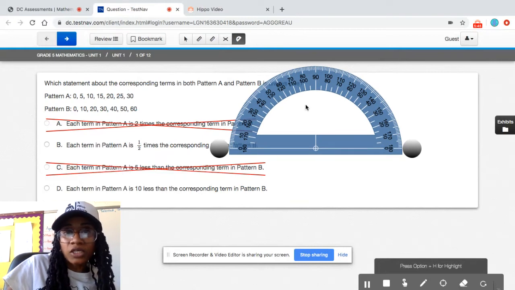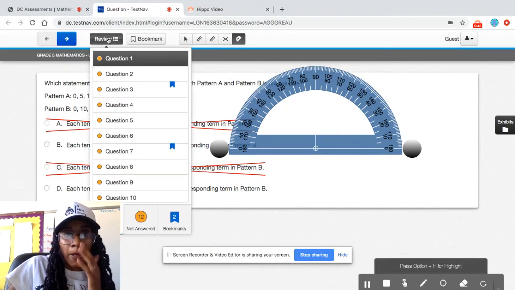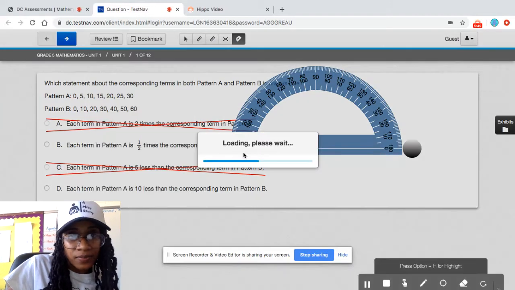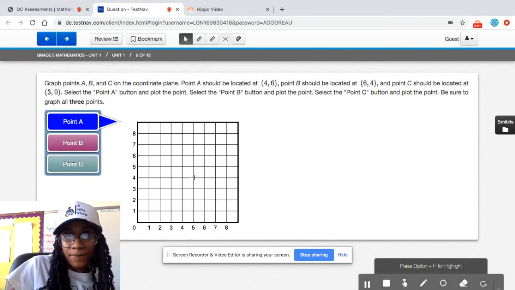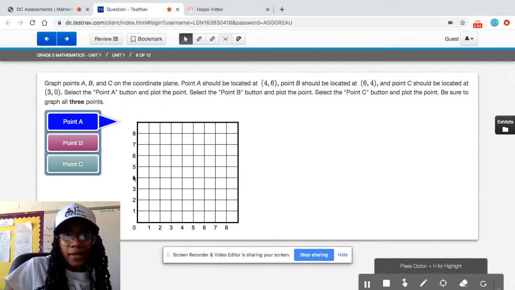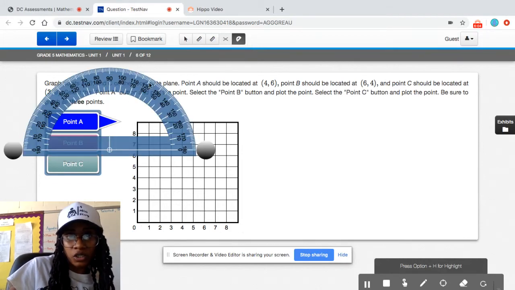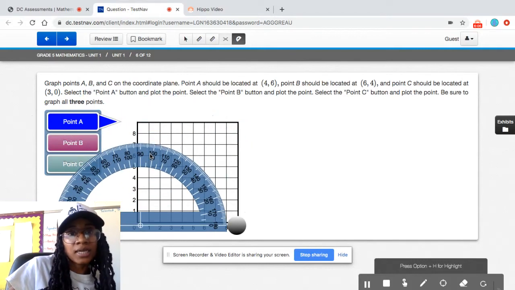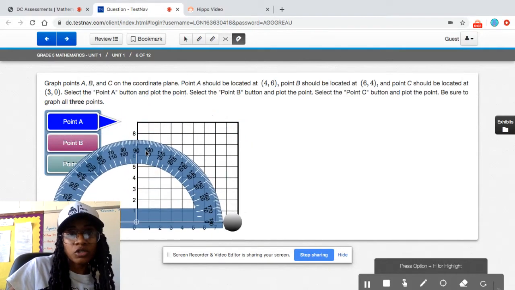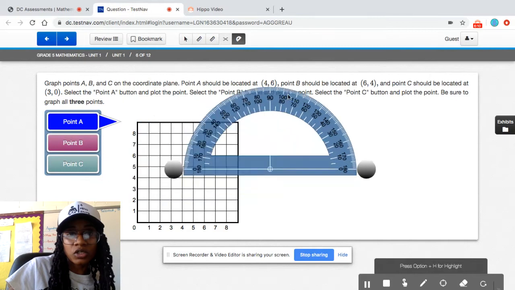So we need scholars to understand that if they had an item that they were supposed to measure, say I'm supposed to measure the angle of this outside line of the chart, I will put the protractor. You must understand that when you're using your protractor, just like with the ruler, you have to do it a certain way.